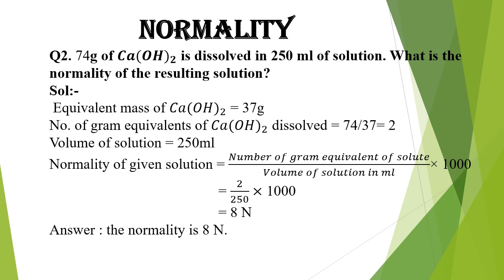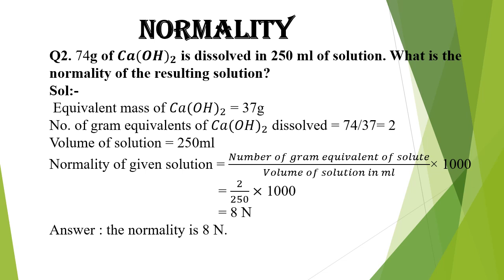Here again we are given the mass of solute, that is 74 gram. So first we will find the number of gram equivalents. To find the number of gram equivalents, we divide the given mass, that is 74, by its equivalent mass. Equivalent mass of calcium hydroxide is found by dividing its molecular mass by the number of hydroxyl ions. Here the number of hydroxyl ions in case of calcium hydroxide is 2.